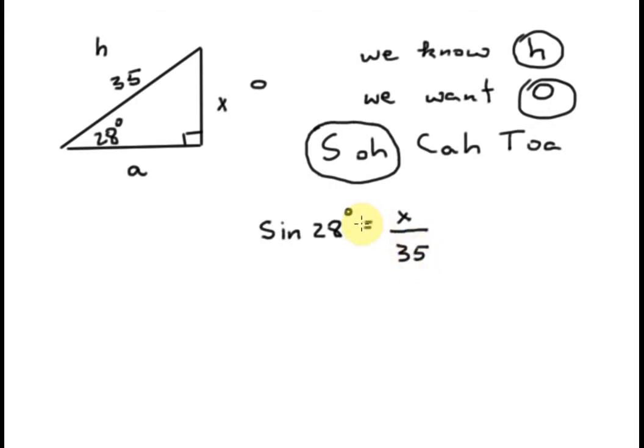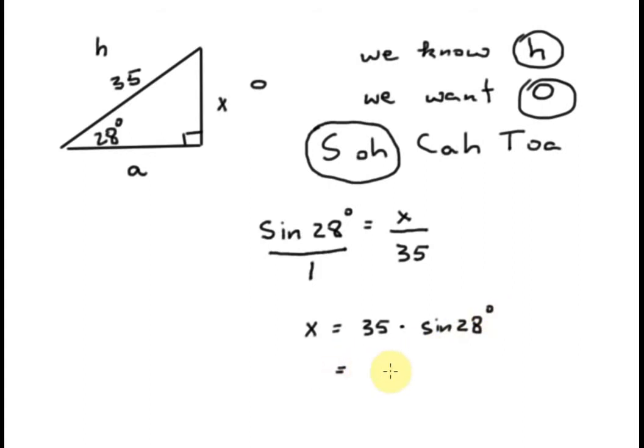Now I've got my trig equation. All I got to do is solve it, and the easiest way to do that is to make this a fraction, and now I can just go ahead and cross multiply and divide. So to get x on my calculator, I'm going to go 35 times the sine of 28.